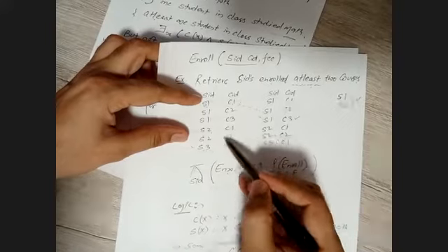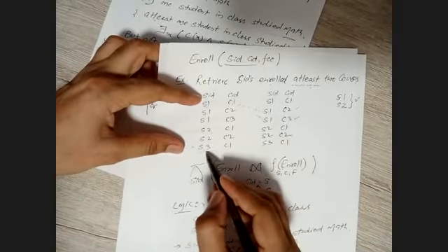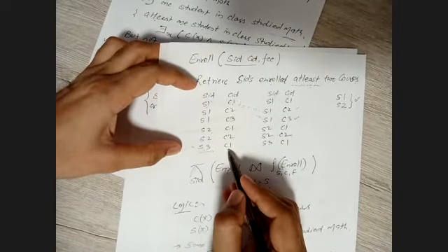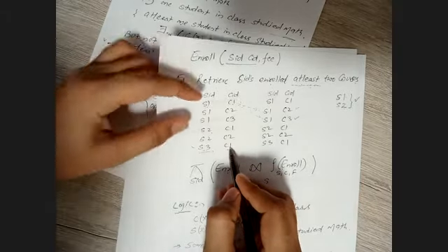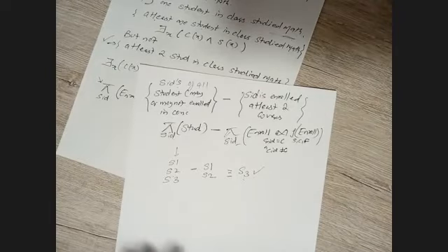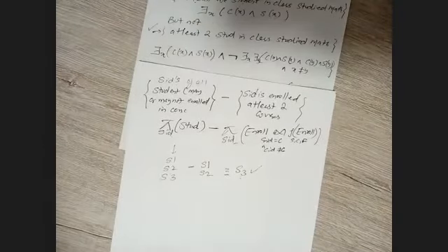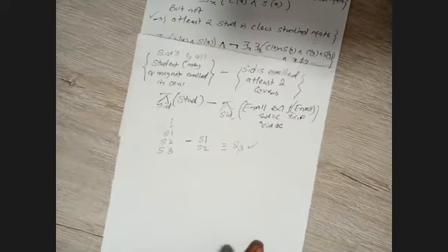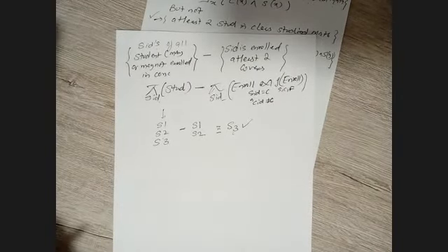S2 is enrolled in two courses, but S3 is the only one enrolled in at most one, that is exactly one course. So that's why we have S3 here. I hope you have understood something, and you have an idea so far of how we formulate the logic here. That is your first order predicate clause.